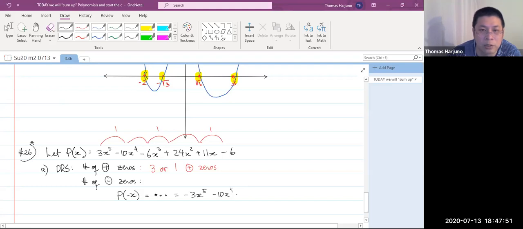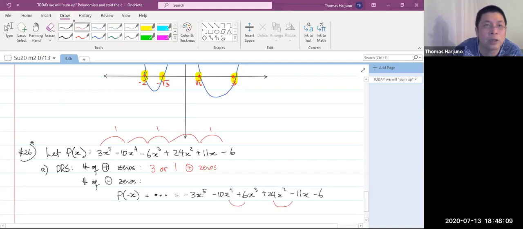It's still positive x. We will see that there is one change of sign, and another change of sign. So there will be 2 or 0 negative zeros.